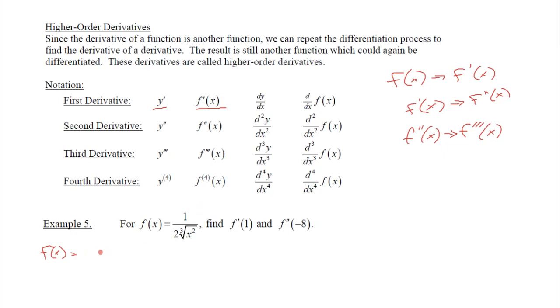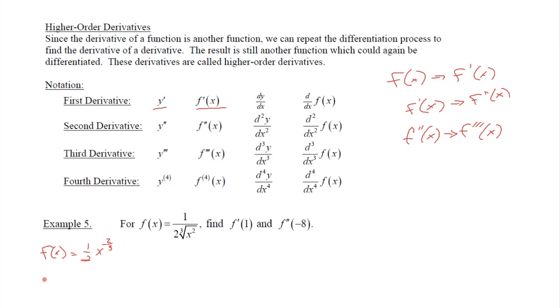And so this becomes 1/2, that's our constant here, times the cube root of x squared, which can be written as x to the negative 2/3. And the negative has to be there because that's what tells you it's in the denominator. So we've got it in our power form.